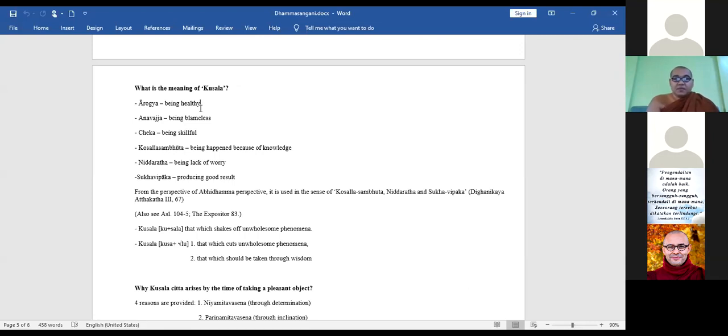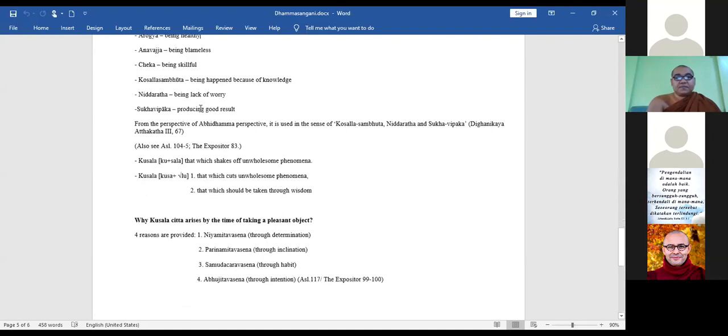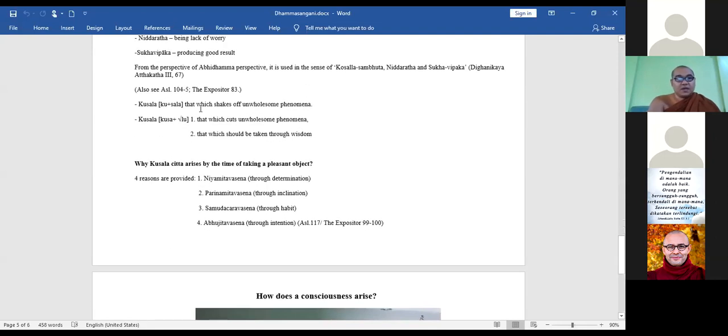And then regarding the grammatical explanation, right? Grammatically, the Atthasalini also explains it like this. Kusala can be divided into ku plus sala.